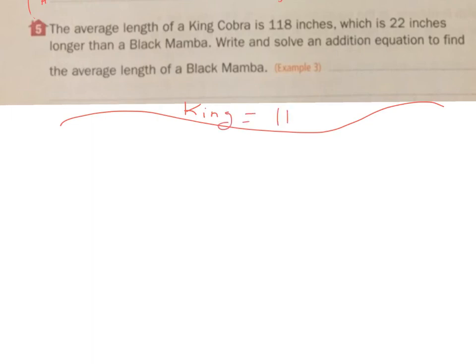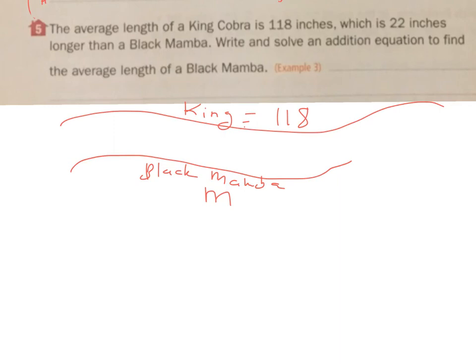It equals 118 inches, which is 22 inches longer than a black mamba. So the king cobra is longer than a black mamba. So a black mamba is not going to be as long. Okay, so black mamba. Okay, so this one, do we know how much it is? We don't. So I'm going to call that M for mamba. We know the king cobra is 118. We know black mamba is M.